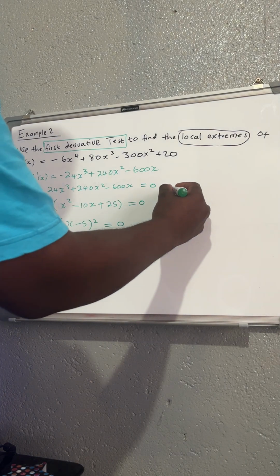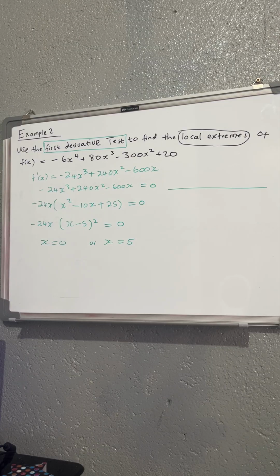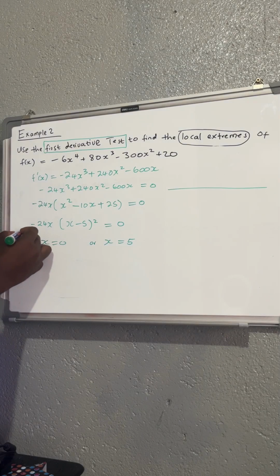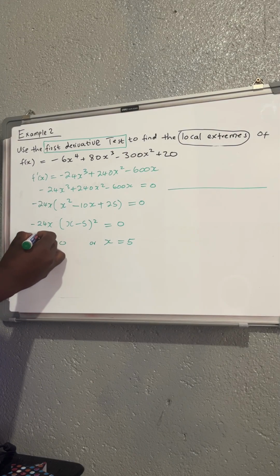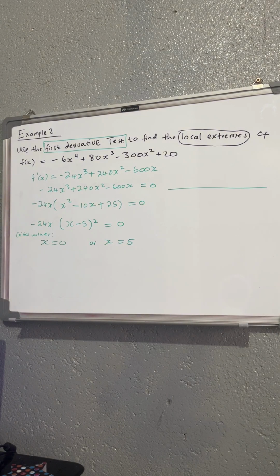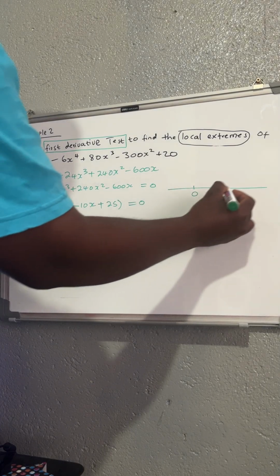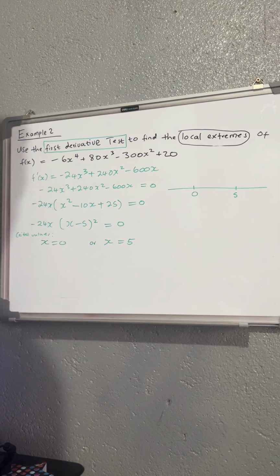Then what are the critical values that we got? Our critical values are 0 and 5.